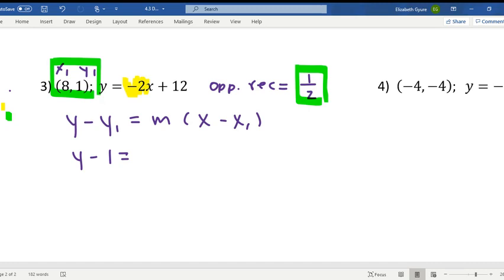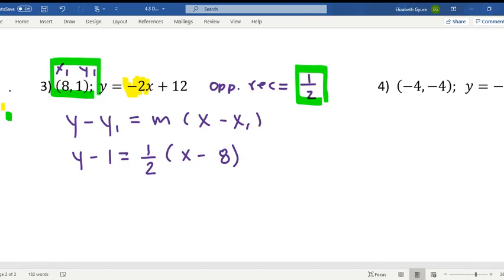What was our new, well, so we found our new slope, which ended up being what? What was the opposite reciprocal slope? Yeah, 1/2. Okay, and then we're gonna have x minus x1, and then Nick, what's my x1 value? 8. Good. All right.